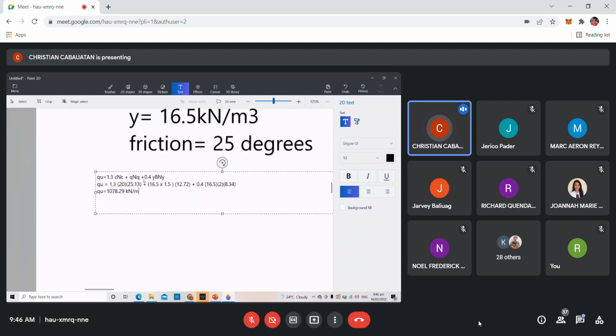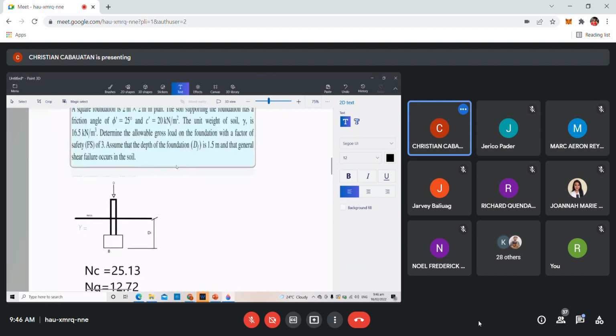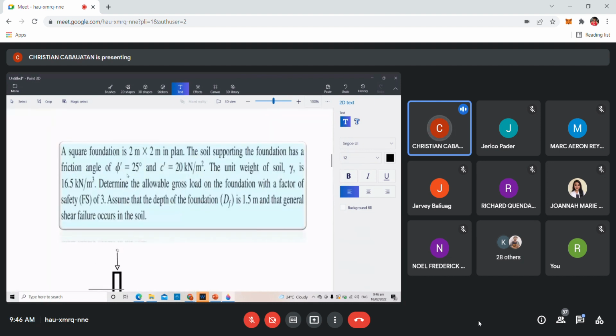Tignan nyo yung problem. Observe nyo yung problem. Meter ba siya?